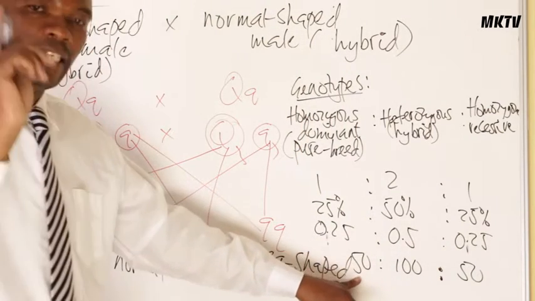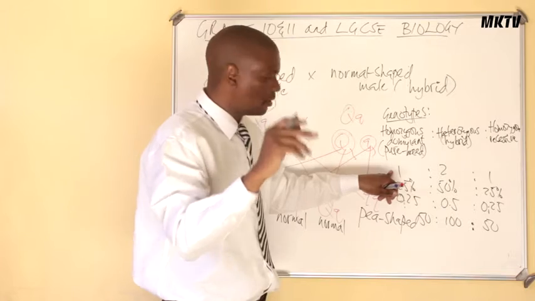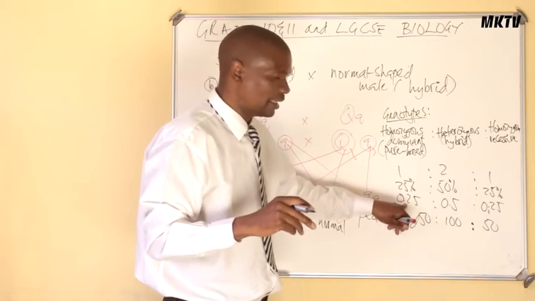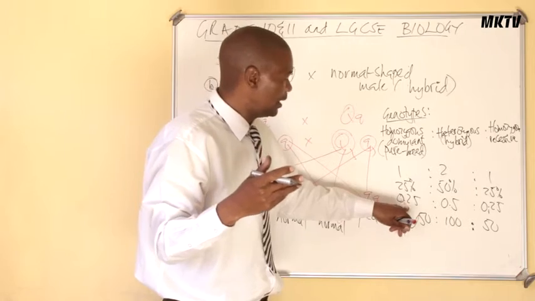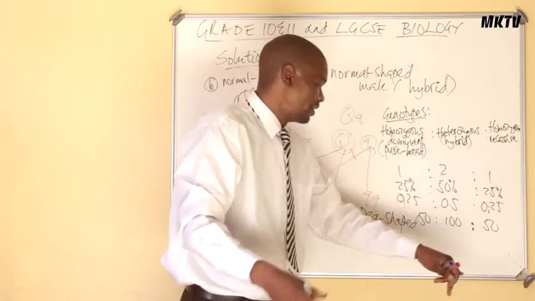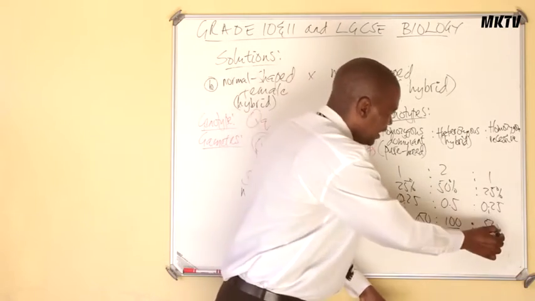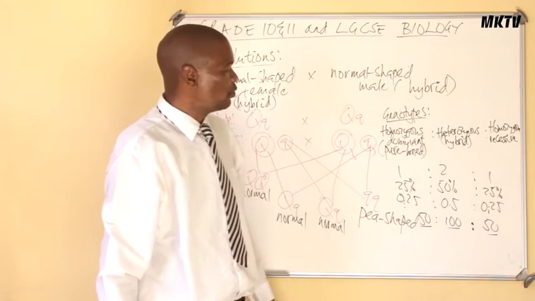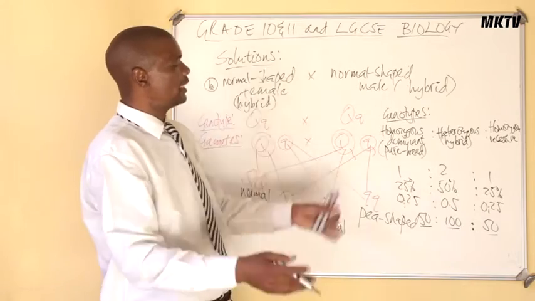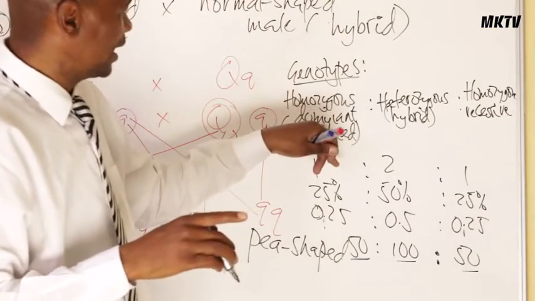So this is in numbers, be careful. That was the ratio, this is the percentage, this is the decimal fraction, and this one is if it was real numbers, if there were 200 of them. How do you know there were 200? If we add those, that is 150, and then that would be our 200. So we are saying out of 200 chickens born, 50 of them will be homozygous dominant.